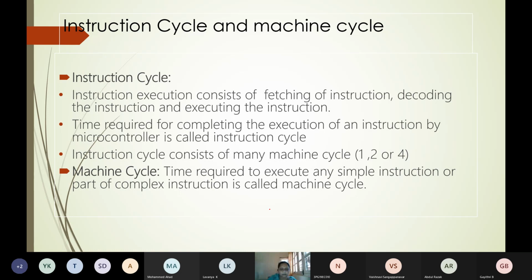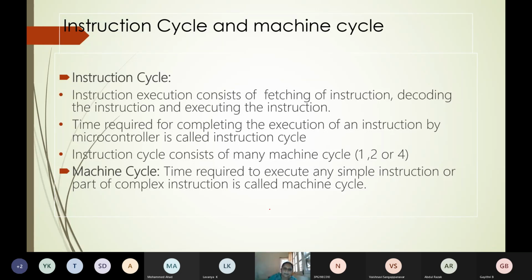Based on your instruction, you may be reading a memory or writing to a memory location. Based on what instruction you are executing, the corresponding control signals are generated by the 8051 microcontroller.